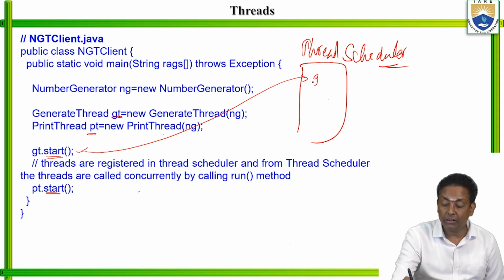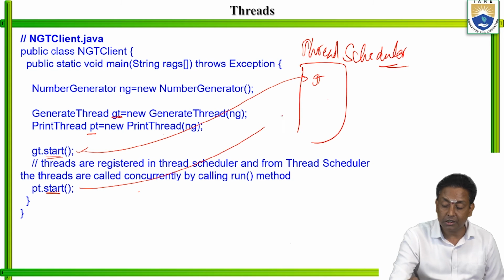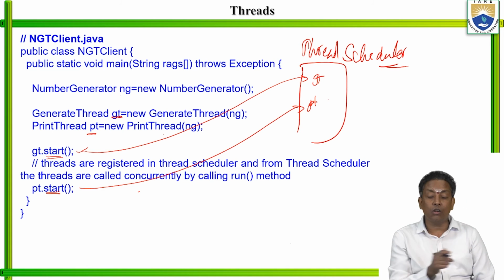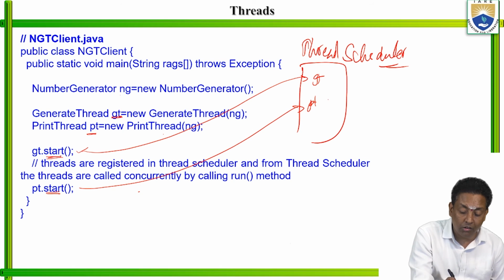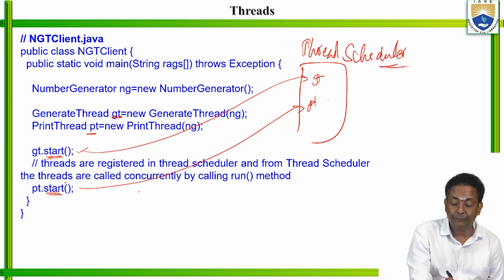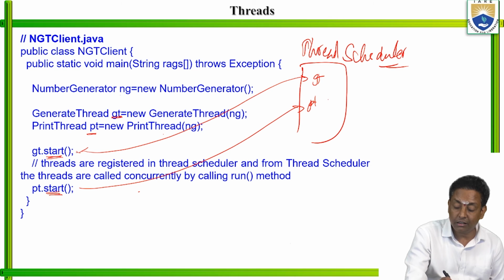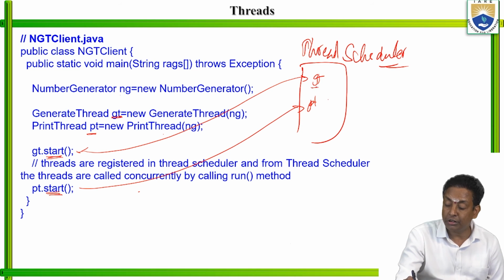Immediately all the threads are registered in the thread scheduler. The start method called on the thread class will first register each thread, the generate thread and the print thread, into the thread scheduler.